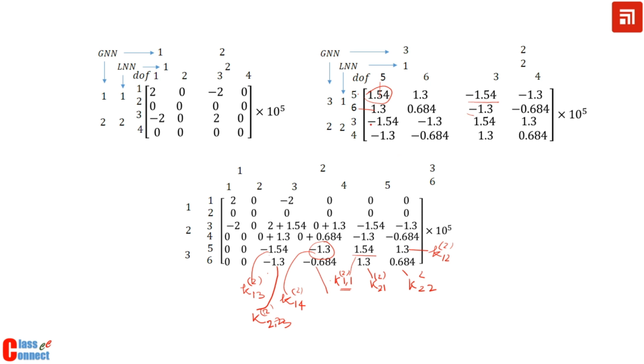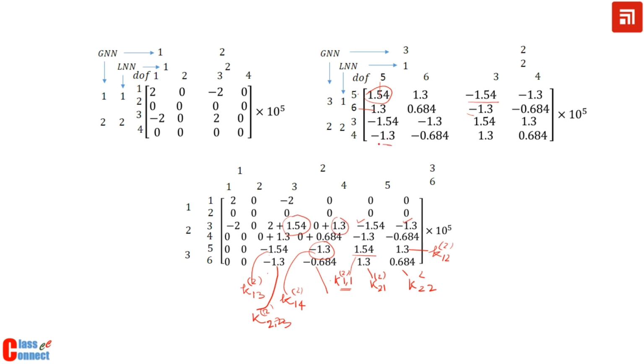Now come to the third row of the stiffness matrix of the second element. It is minus 1.54. This will go to 3 5, so third row and fifth column. Again minus 1.3 is here, and 1.54 will go to 3 3. So this is 3 3, and here it is added, then 1.3 added likewise.